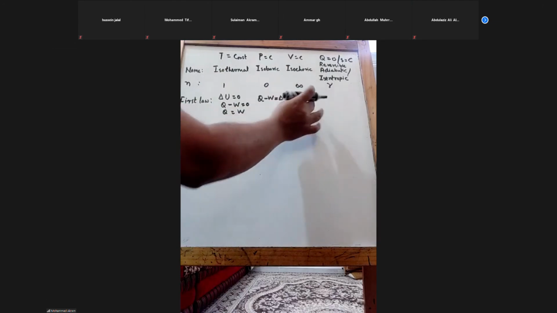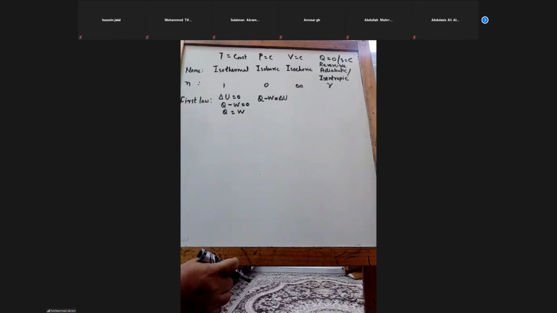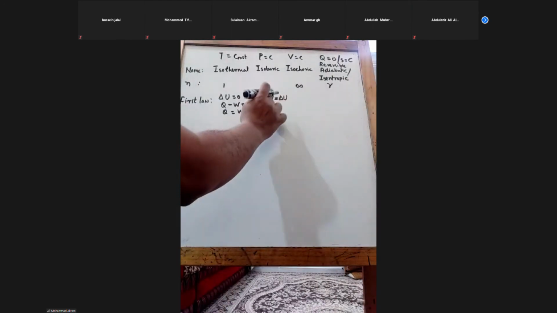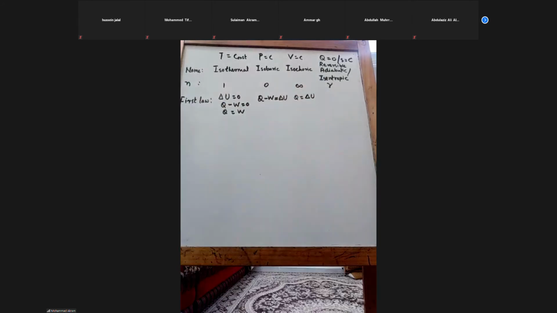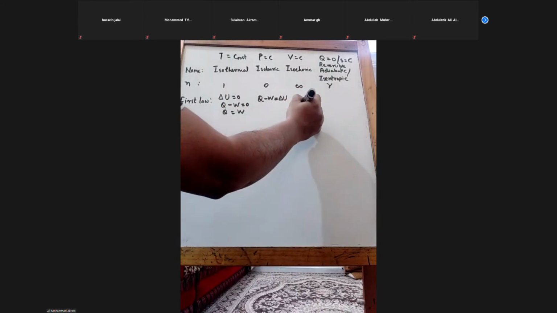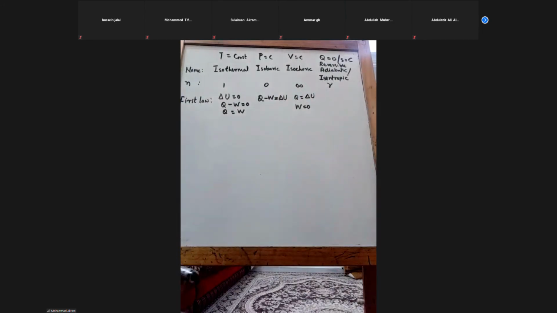So Q is equal to delta U, because work is 0 for constant volume process. PdV, dV is not there. Change in volume is 0.